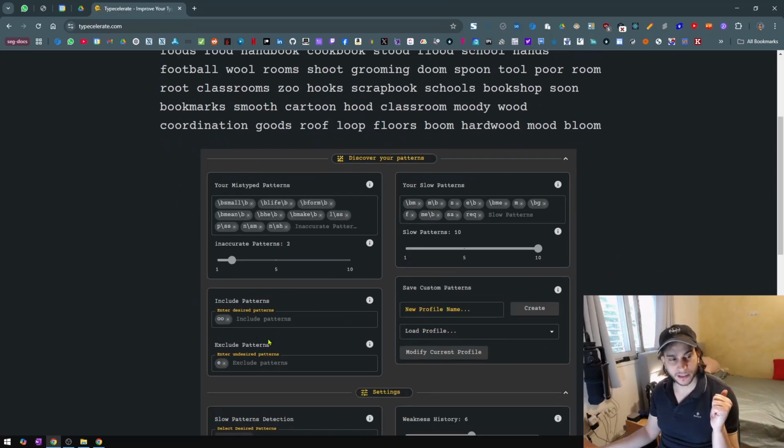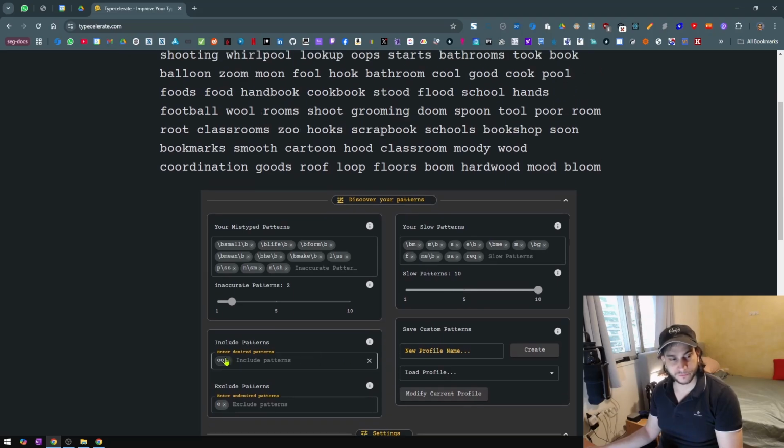The patterns in include pattern, where the user selects the patterns, have a little bit more weight, because if this pattern had exactly the same weight as the 20-something patterns that we see here, then it's unlikely you'd really see it very much. The assumption is that if a user puts a pattern here, he really wants to practice it.